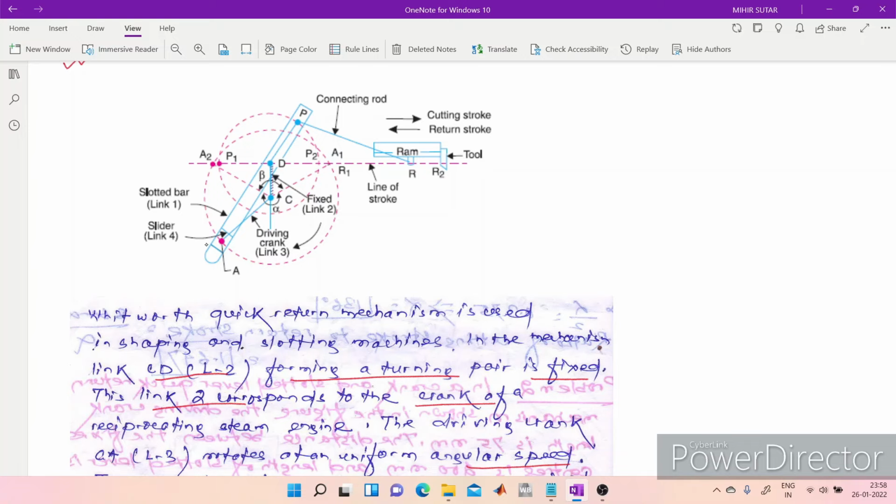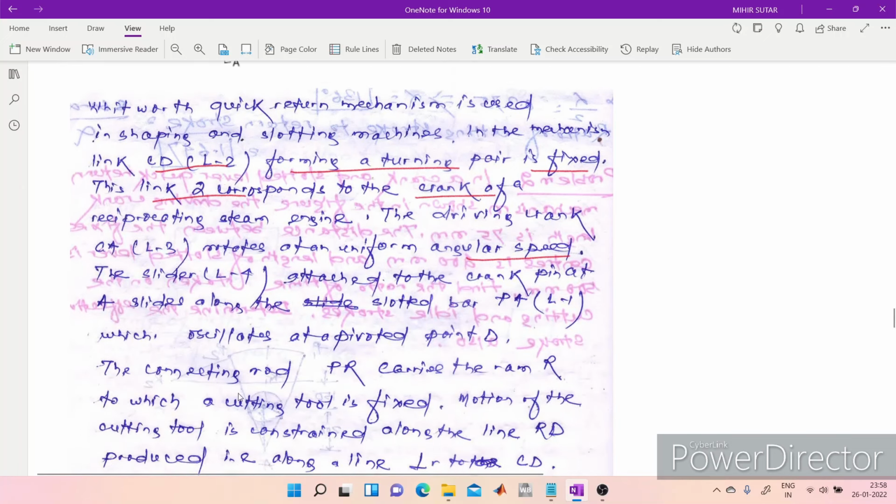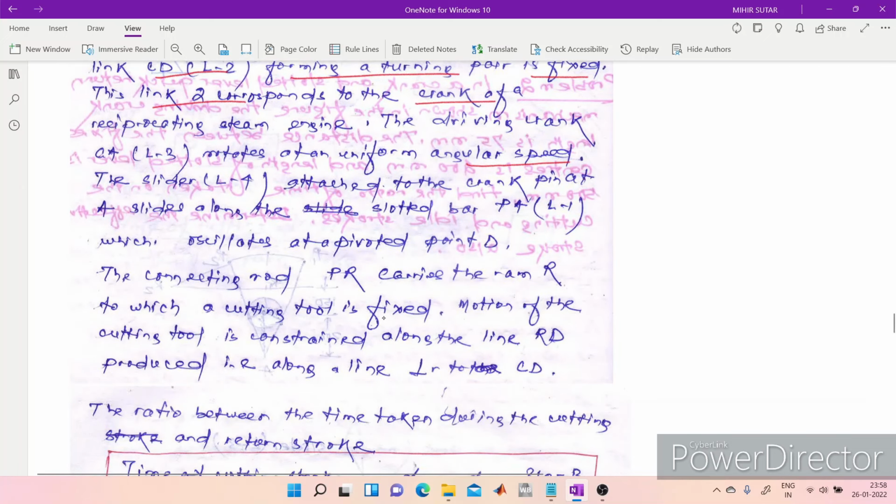Here in the slotted bar we have this slider. The slider attached to the crank pin at A slides along the slotted bar PA, which is our link 1, which oscillates about this pivot point D.